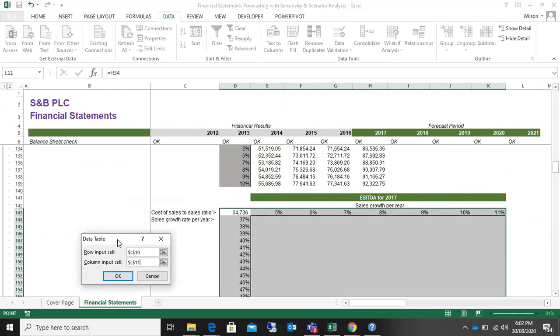Now, the cost of sales to sales ratio is the first thing, which is the row. I don't know if we selected the right thing.